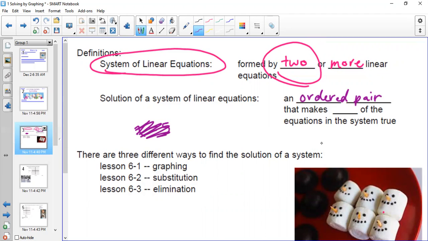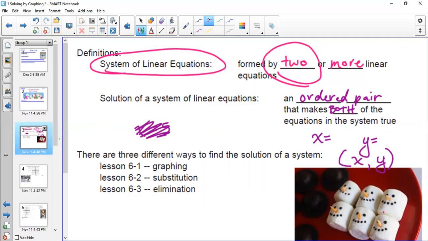So an ordered pair that makes not just one of the equations true, but both of the equations true. So we need what x equals and what y equals. Usually we don't write it like that though. Usually we'll write it as x comma y as an ordered pair, like said above.